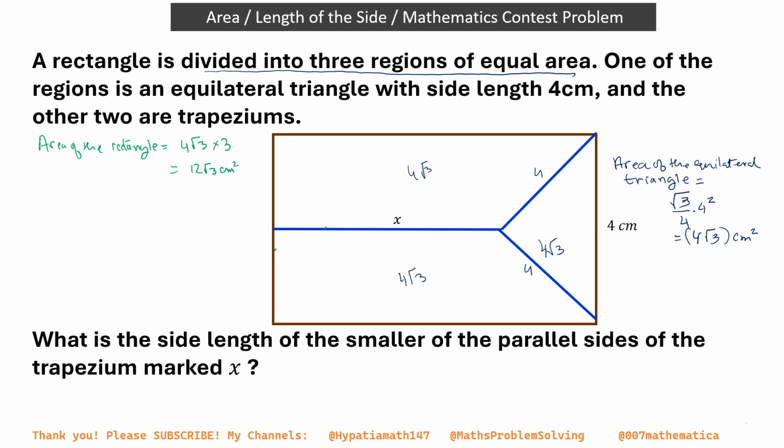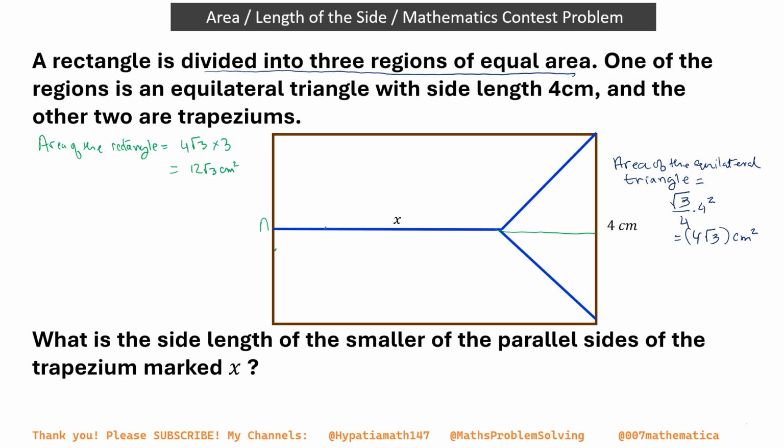Now you see, in the rectangle we know the length is 4, we don't know the width. We know some of the width, that is x, and then if we extend this line, so that would be the same as the length of the rectangle.